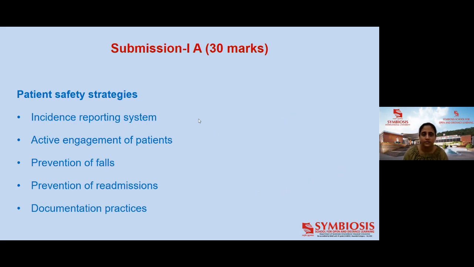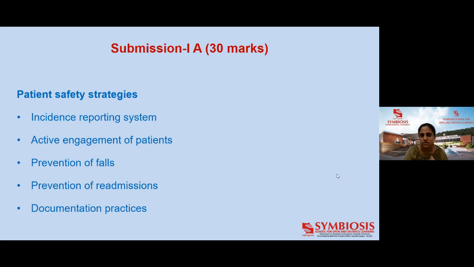Next is active engagement of patients. In active engagement, while giving medicine to a patient, the nurse should inform the patient or relative about the medicine. In turn, the patient and relative can ask queries if any. Sometimes what happens is a patient is given a medicine by a nurse, and the patient has taken the medicine.